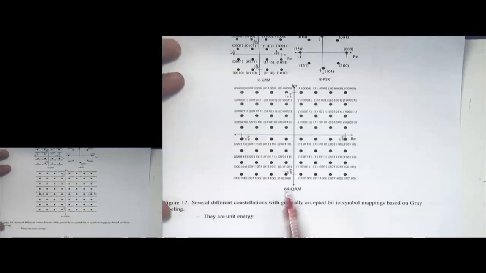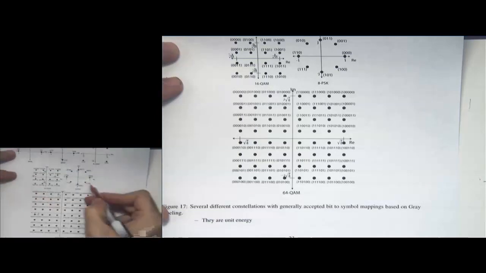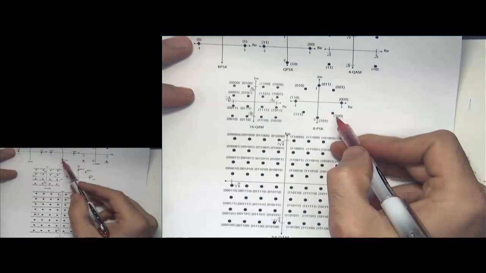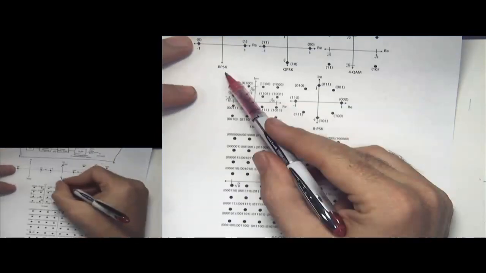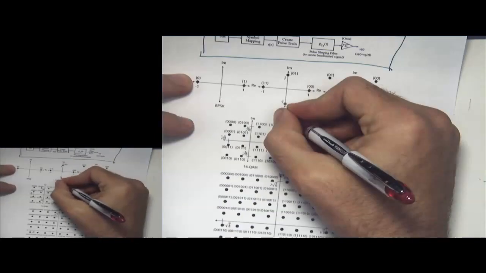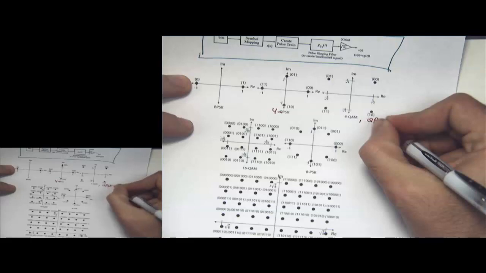And in the lab, we'll implement primarily the BPSK and the QAM family. So we won't implement 8PSK. Actually, this should be 4PSK. 4QAM is actually the same as QPSK, quadrature phase shift keying here.